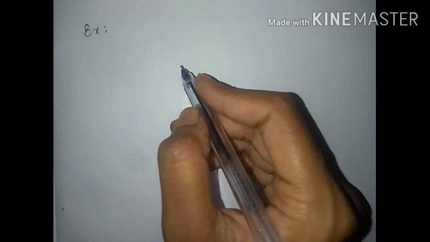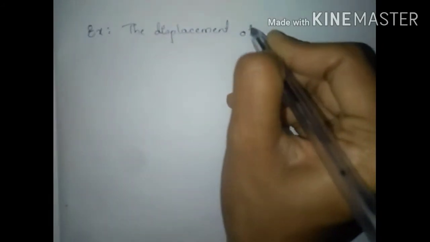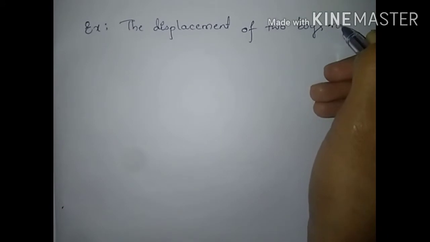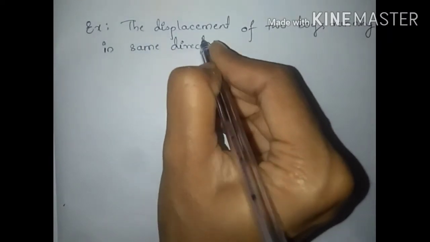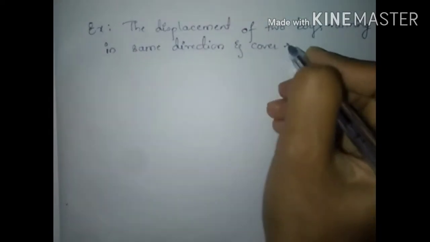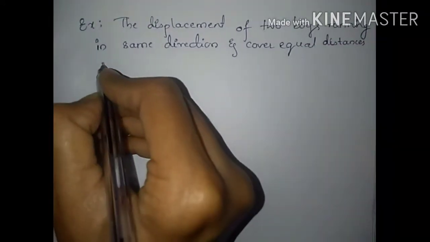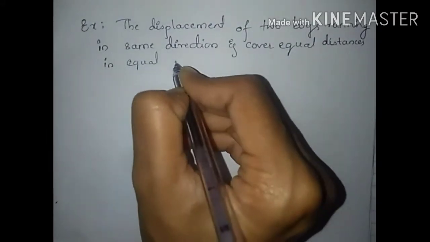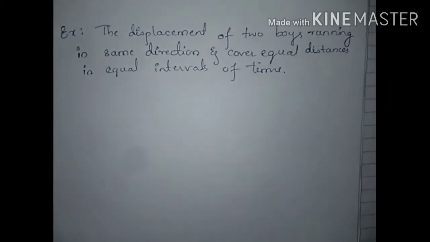The example for equal vectors would be the displacements of two boys running in the same direction and covering equal distance in equal intervals of time.